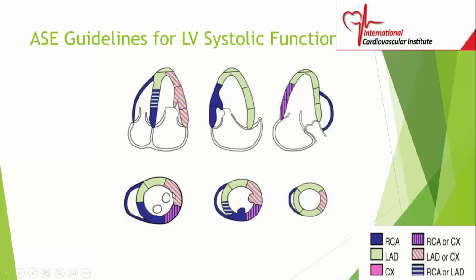So this is the LAD and the circumflex, and this is the RCA and the LAD. But the inferior and the inferior septum is mainly RCA. Inferior at the mid level is the RCA. The anterior and the anterior septum is the LAD.